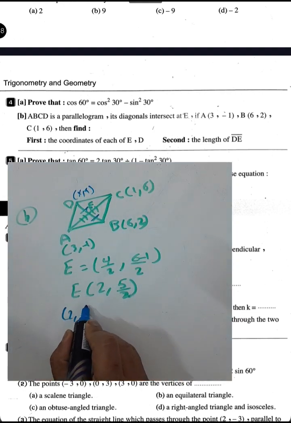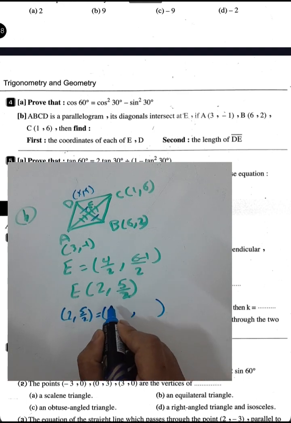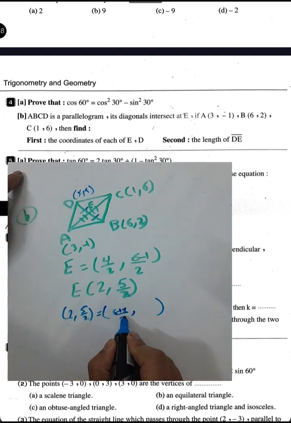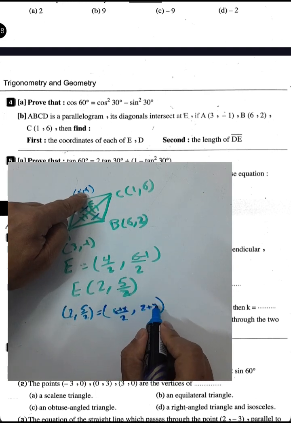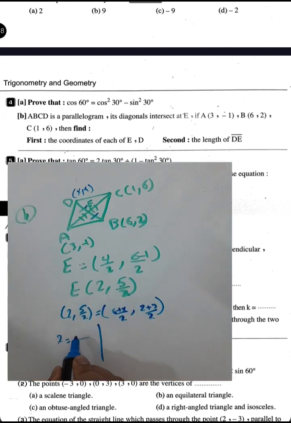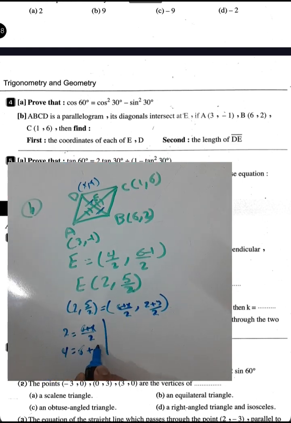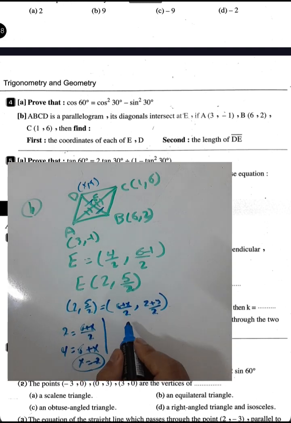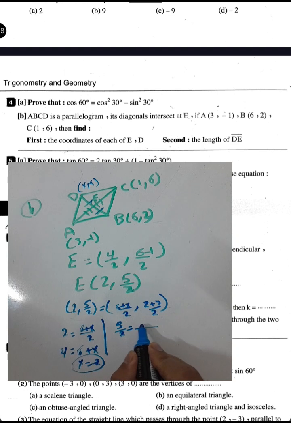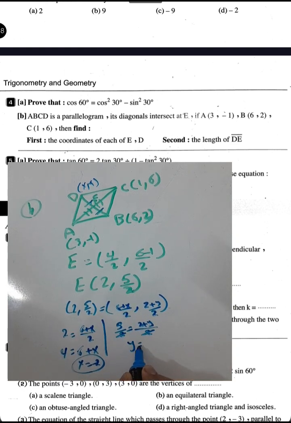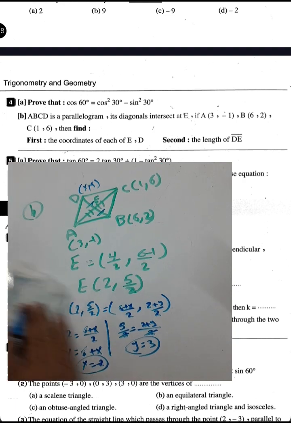Then 2 and 5 over 2 will equal (6 plus X) divided by 2 and (2 plus Y) divided by 2. Then 2 equals (6 plus X) divided by 2. 2 times 2 equals 4. 4 equals 6 plus X. Then X will be negative 2. And 5 over 2 equals (2 plus Y) over 2. Cancel 2 by 2, then Y here equals 3. Okay, we have the coordinates of X and Y. He wants us to find the length of DB. You can find the length easily, by using the square root. I cancel the result. Okay.